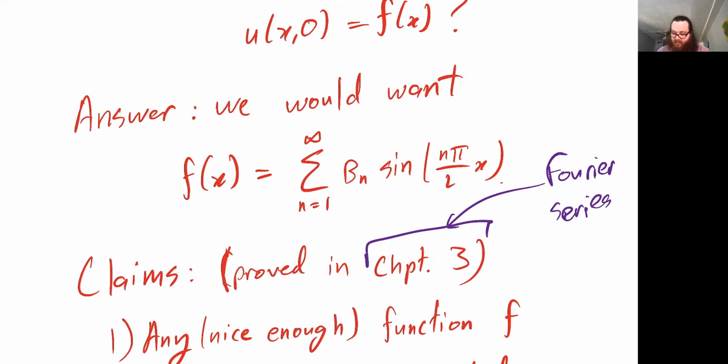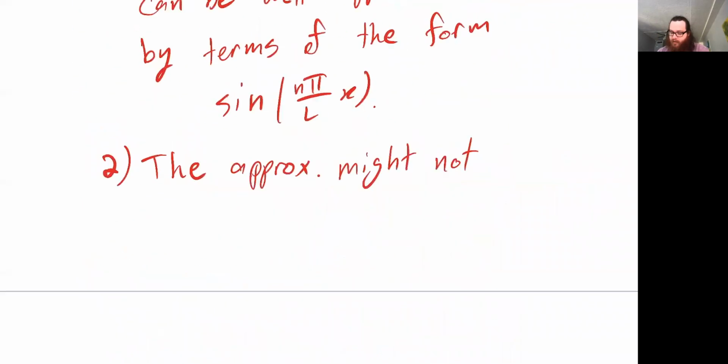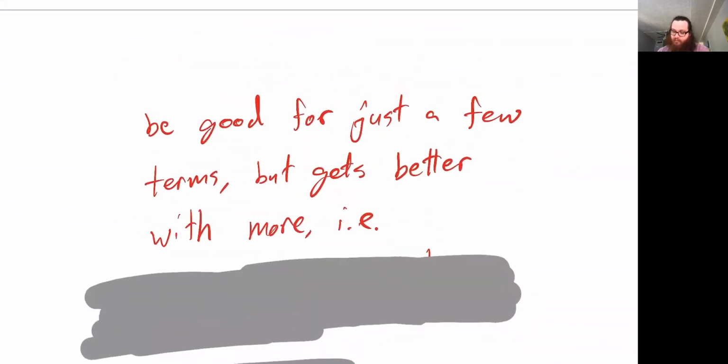If instead of taking this infinite sum, we take a finite sum, and this m is equal to 1, 2, 3, or something small, then this approximation may not be super good. But as we add more and more terms, the approximation gets better and better.